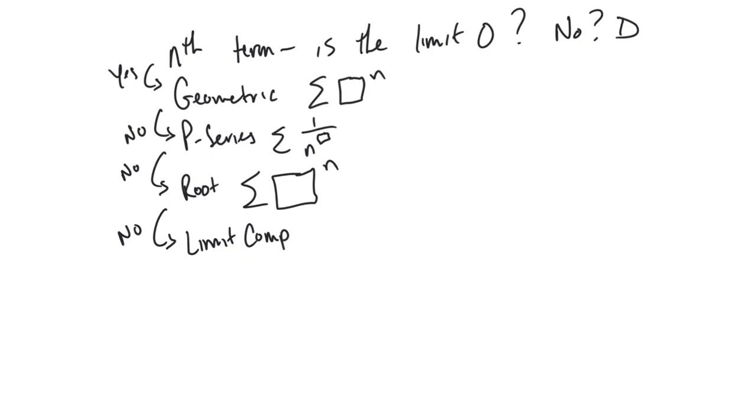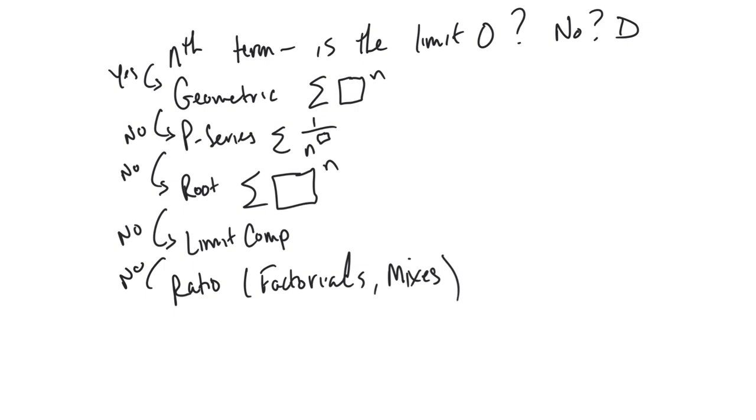Okay, and that's for things that look like similar function types. If that doesn't work, we go to ratio. I'm just going to make a note. Ratio, you should look for factorials and function mixes. Okay. Those are the big ones you want to work.